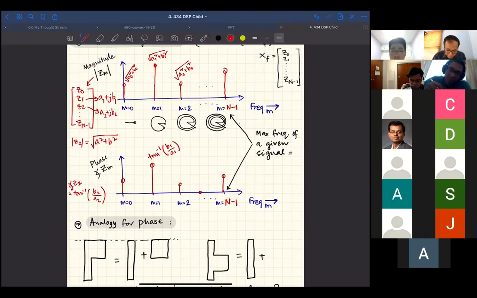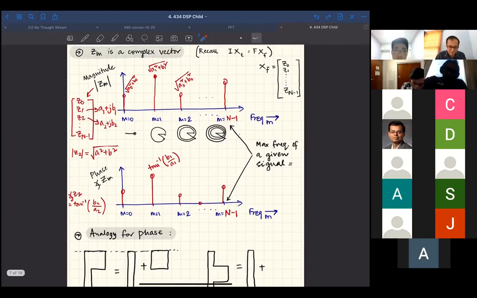Remember, this m is the max frequency. When you take a signal and you do its FFT, suppose you see a value over here at m equals n-1. That means that's the max frequency that is contained in that signal.